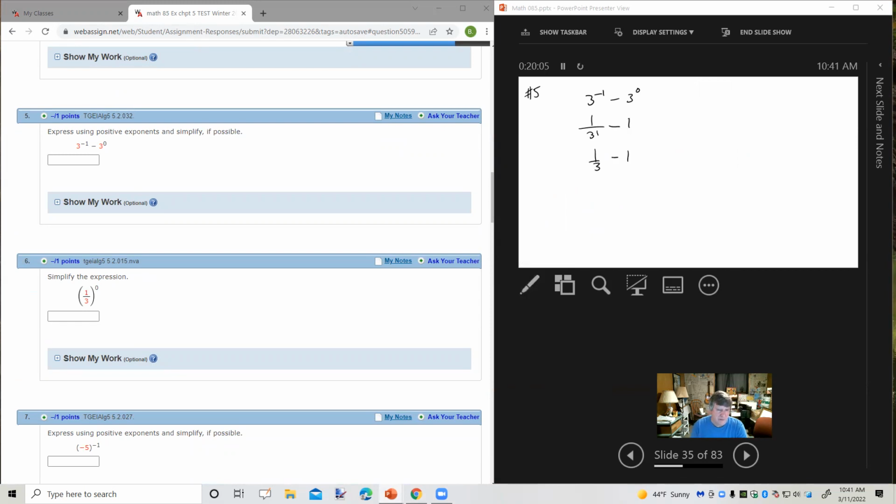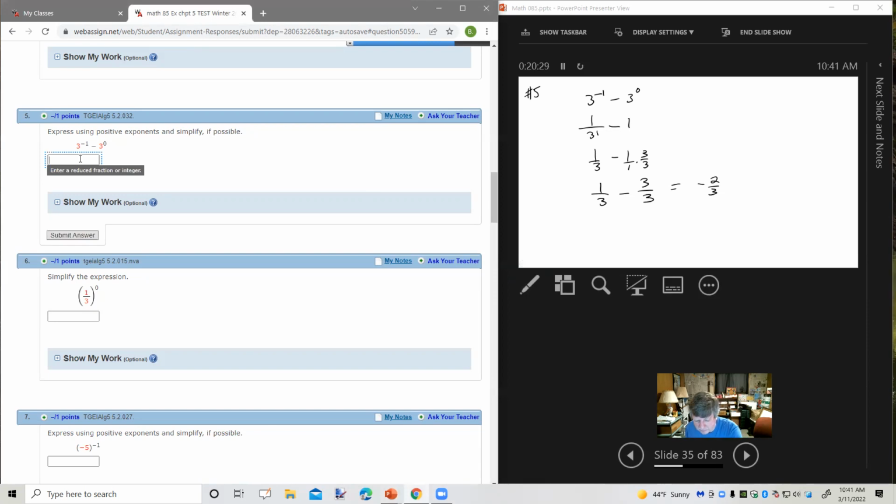So basically we have 1/3 minus 1. The common denominator there would be 3. So 1/3 stays 1/3, and 1 we'd multiply by 3/3 to get minus 3/3. 1/3 minus 3/3 is -2/3.